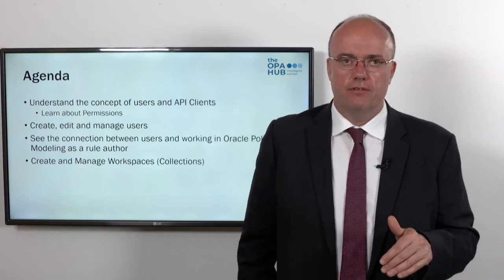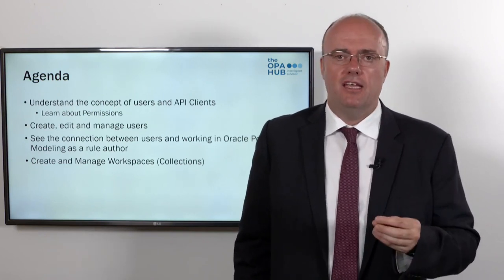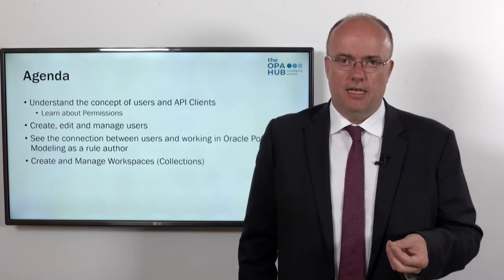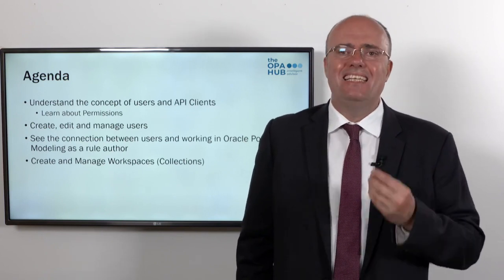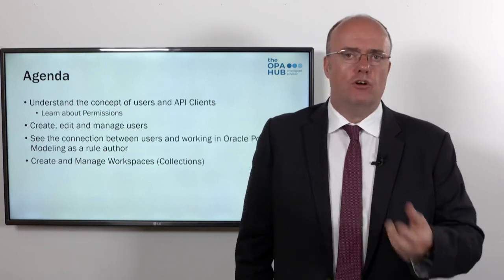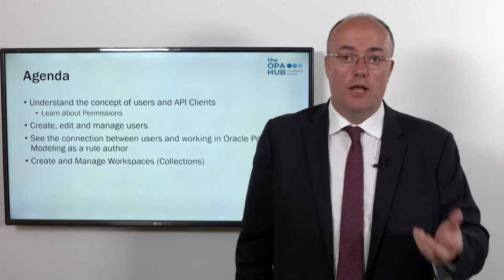The fourth point, which is essentially a renaming of an existing feature, allows us to add more granularity, more detail to this concept of permission. For example, I have a colleague, Steve, who is sometimes a rule author. He writes policies.